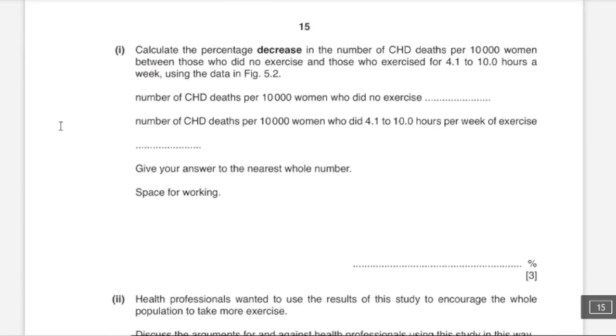1. Calculate the percentage decrease in the number of CHD deaths per 10,000 women between those who did not exercise and those who exercised for 4.1 to 10 hours a week, using the data in figure 5.2. Alright, so the number of CHD deaths per 10,000 women who did no exercise.